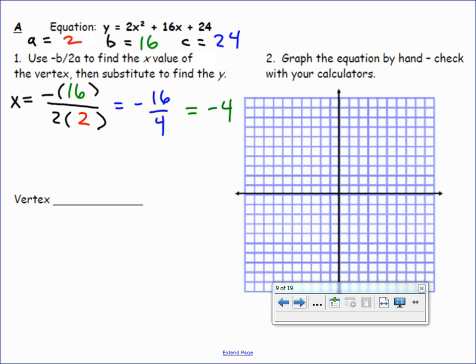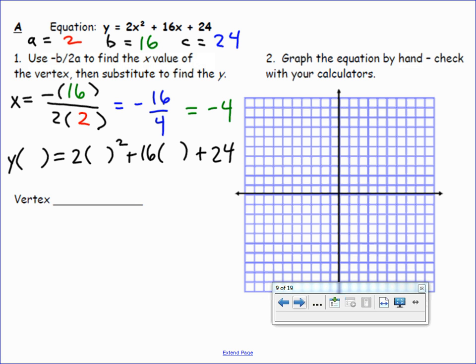So I'll go to my original function, y equals 2x squared plus 16x plus 24, except where I see an x, I'm going to put negative 4.